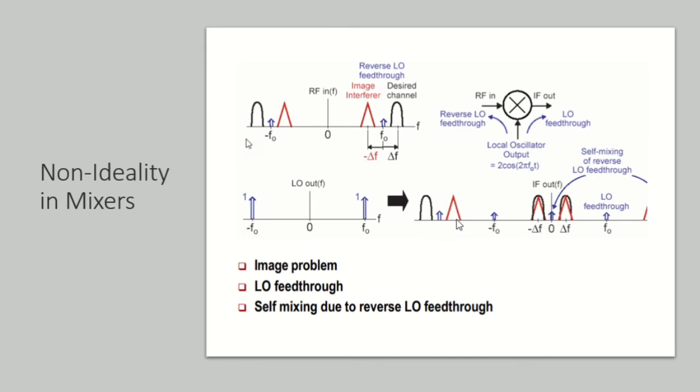Dan selain itu dia muncul juga di kawasan-kawasan yang kita tak nak lah, which is the luar bandwidth daripada kita punya desired channel. So this what happen kalau kita use a simple mixer circuit lah. So ni adalah problem dia, image LO feed through dan juga some mixing due to the reverse LO feed through. Okay.